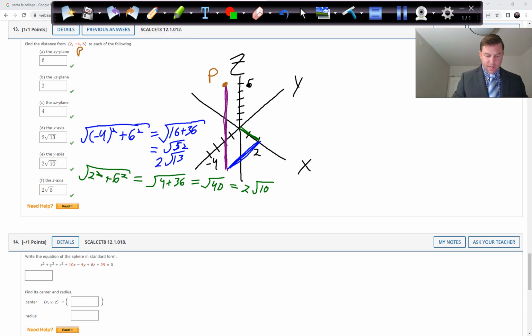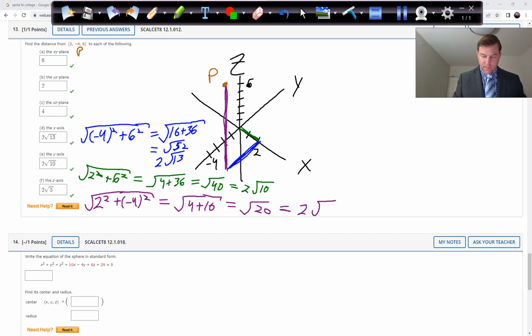And then in violet, the z-axis, which would just include the x component squared and the y component squared, would be the square root of 4 plus 16, square root of 20, which is the same as 4 times 5, but the 4 can come out of the square root as a 2, so it's 2 root 5. So that's how you get those.